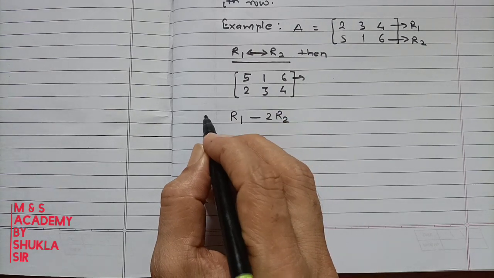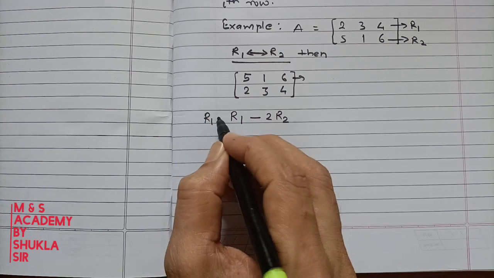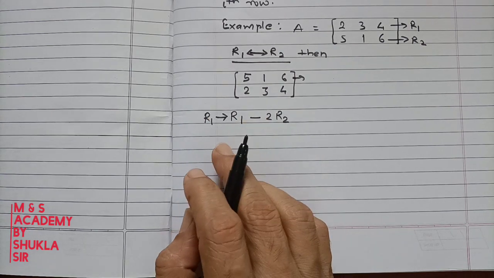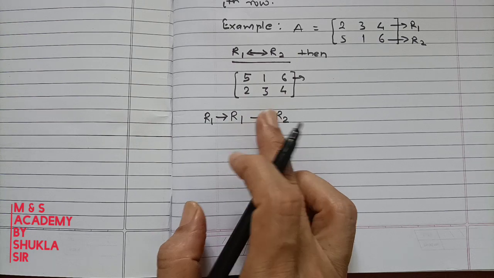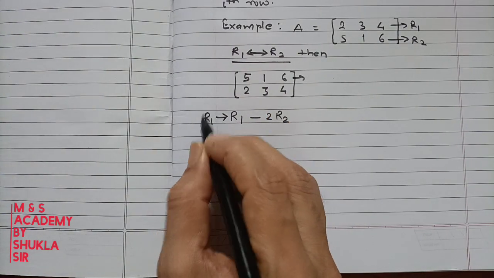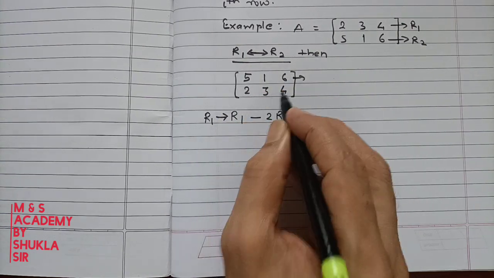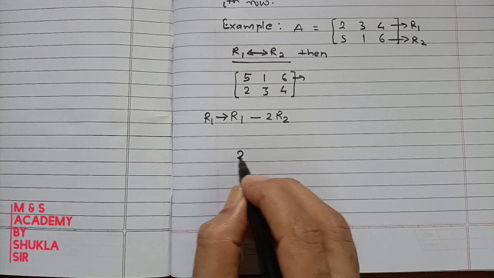So we'll write it this way. If you wish, you can write it this way also, that I am changing R1 this way: R1 minus 2 times R2. Since we are changing R1, R1 will change and there is no change in R2. So we'll write R2 as it is.